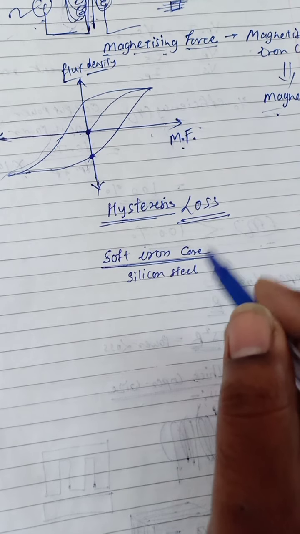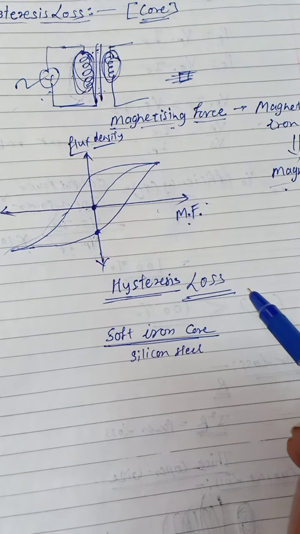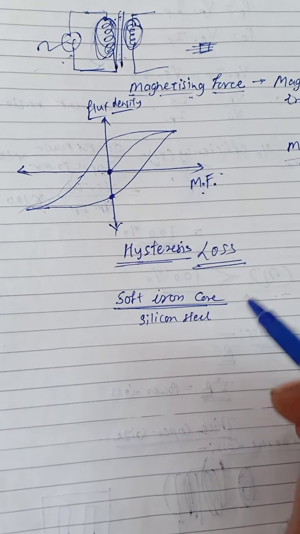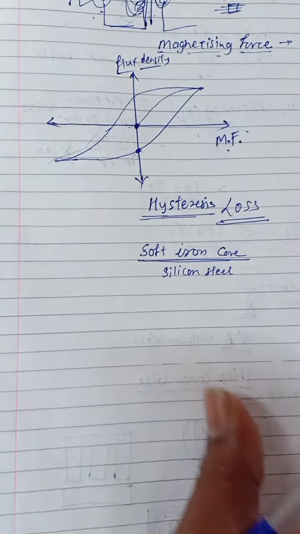So this kind of variation is known as hysteresis, which is called hysteresis loss, and it can be reduced by using soft iron material.